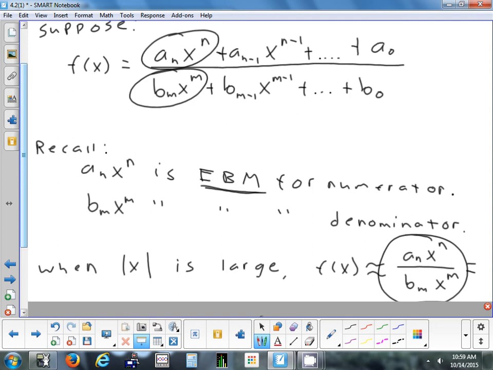What this is going to allow us to do is figure out what is happening as x gets really big. But it ignores all the stuff we don't really need to think about. It just looks at the most powerful term in the top and the most powerful term in the bottom.